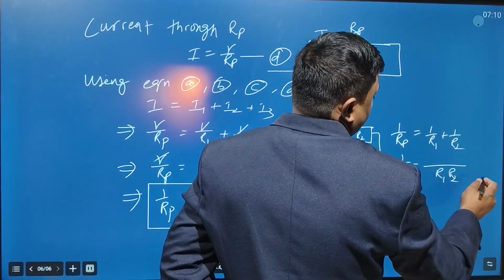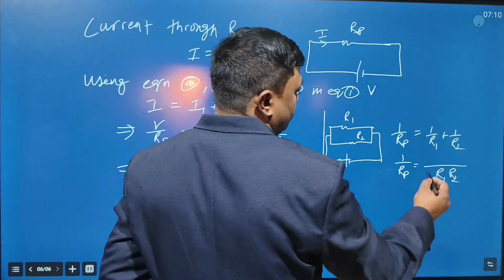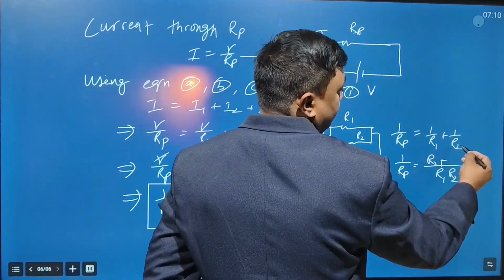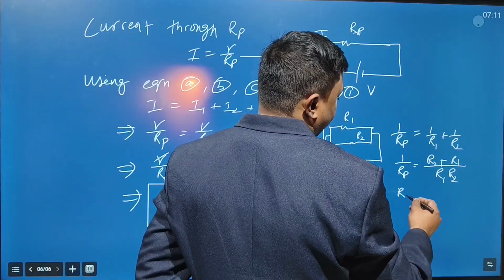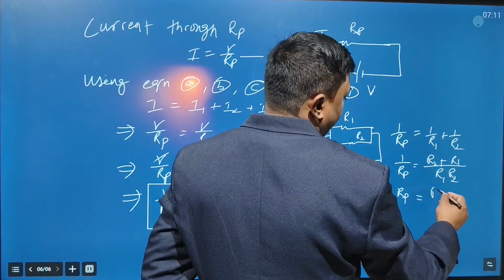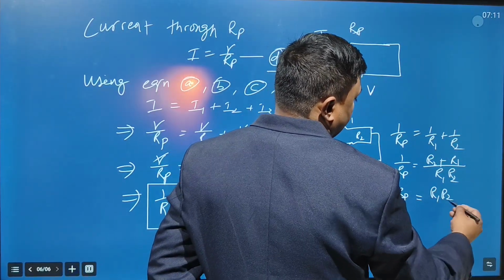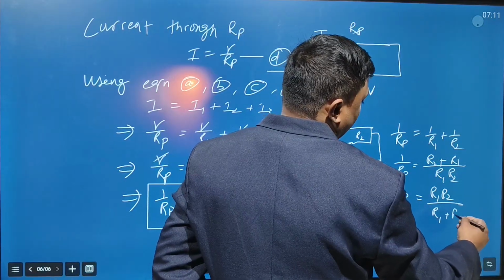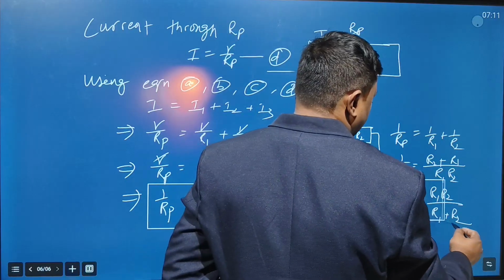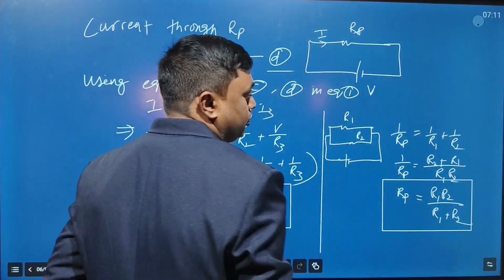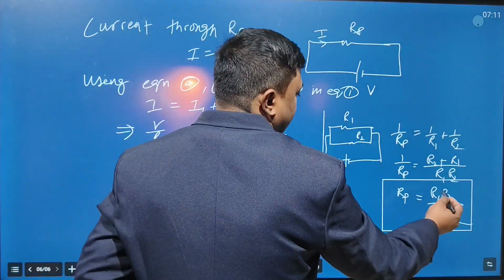Taking the reciprocal, RP is equal to R1 R2 divided by R1 plus R2. This is for two resistors: equivalent resistance RP is equal to R1 into R2 by R1 plus R2.